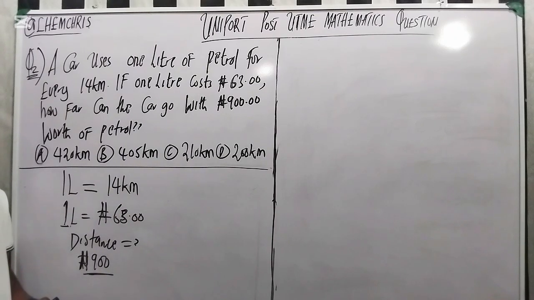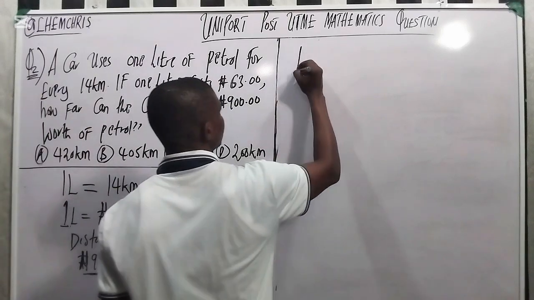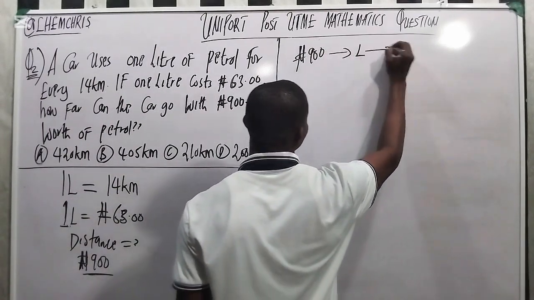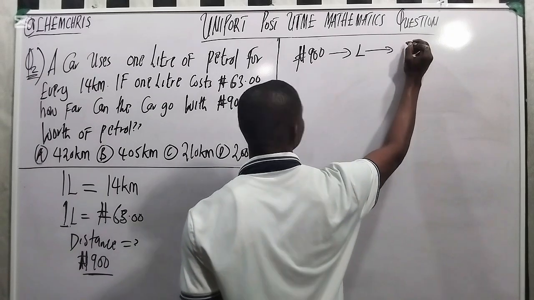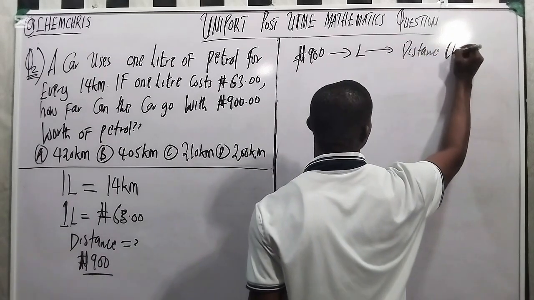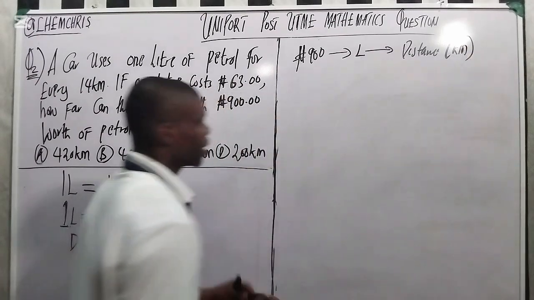So now how do we solve it here? You have to convert this naira to liters, and then from liters to distance, which is kilometers.